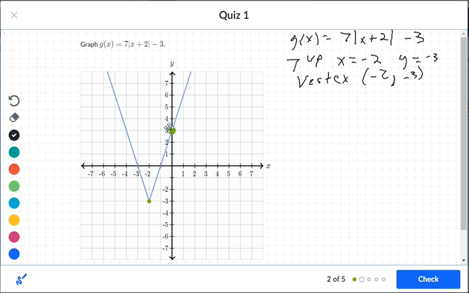Our graph is going to go up, but again, we don't know how far it's going to go up, or how wide it's going to be, but we know that it's a fairly tight graph. Now we look at our numbers here, and we see that the vertex is at negative 2. What's the first number to the right? Negative 1.